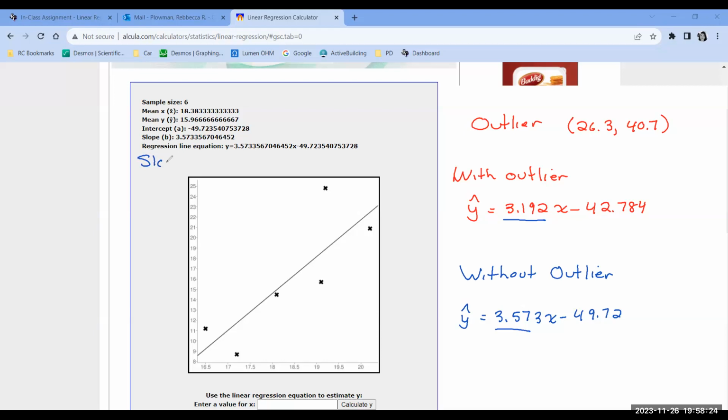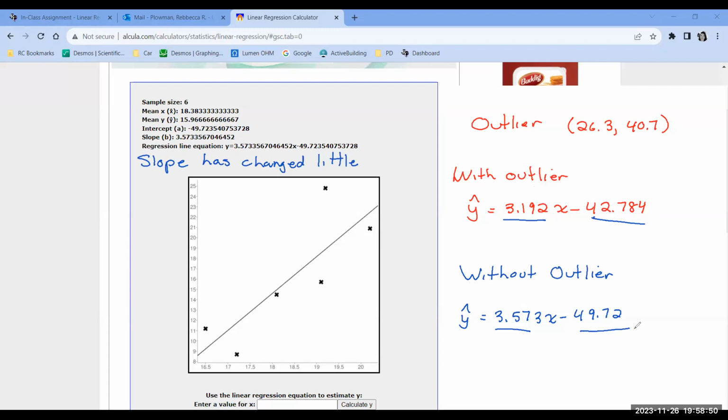So the slope has changed little. If you were to round this, we're increasing by roughly 3 or 4 people. It's not a huge difference here. If you look at your y-intercept, it's not a big difference either.